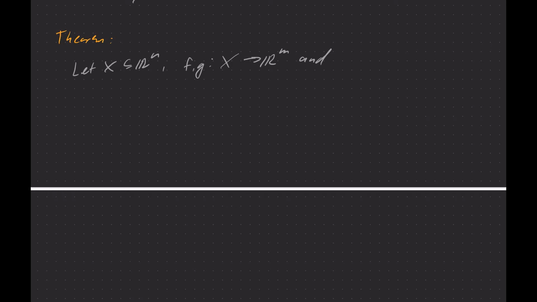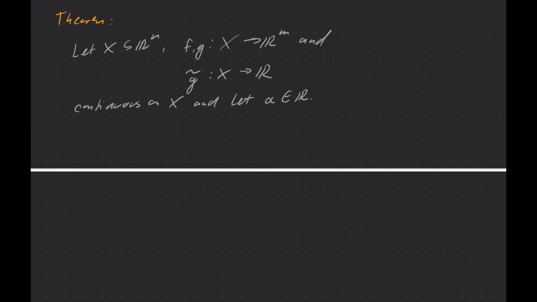And also we consider a function g tilde defined on X with values just in R. And let those functions be continuous on X. And let alpha be a real number, just a constant. Then the following is true.